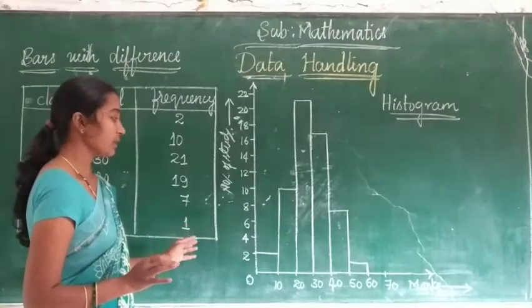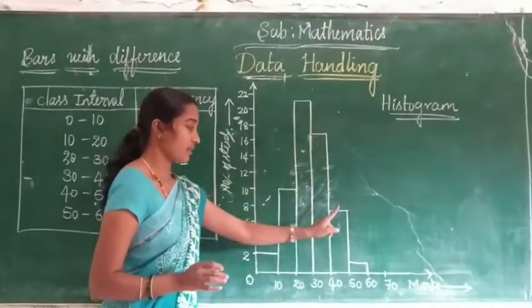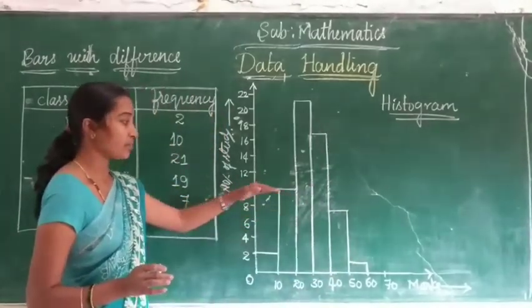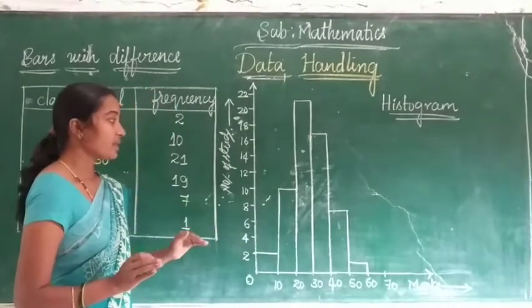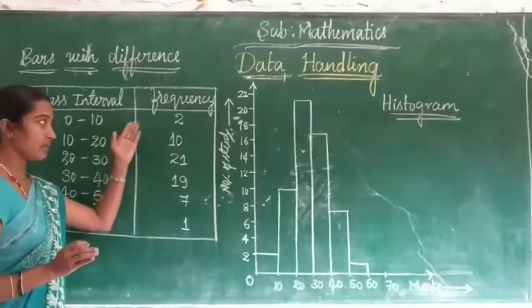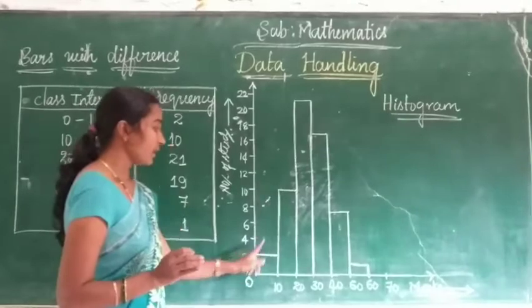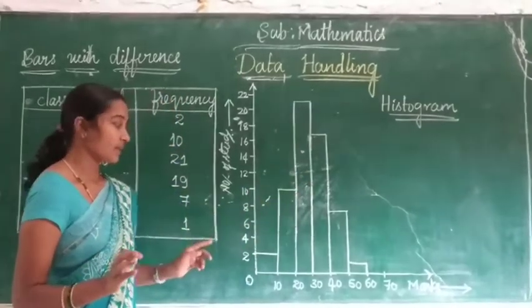See children, the bars have different heights. The different heights of the bars show the frequency of the respective class interval, and the tallest bar indicates the highest frequency.